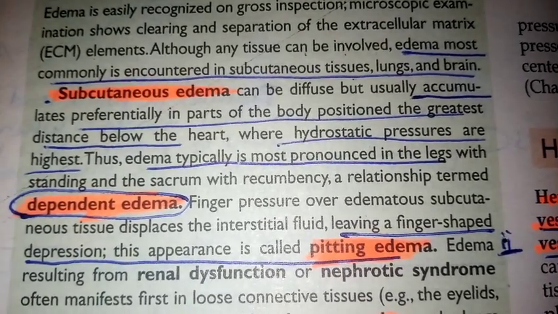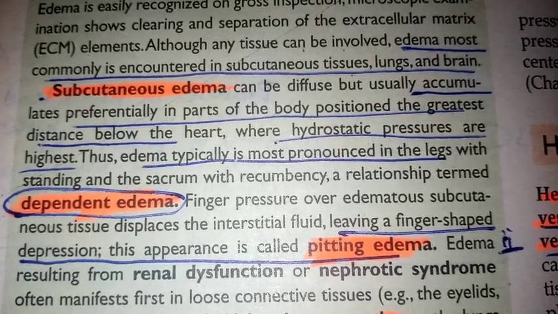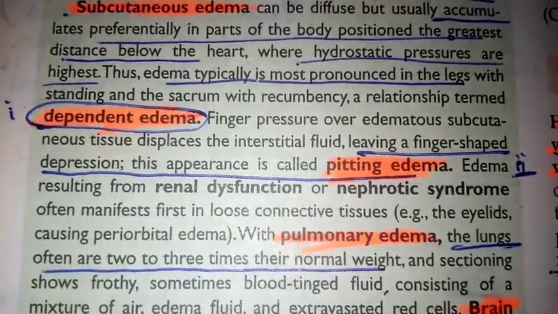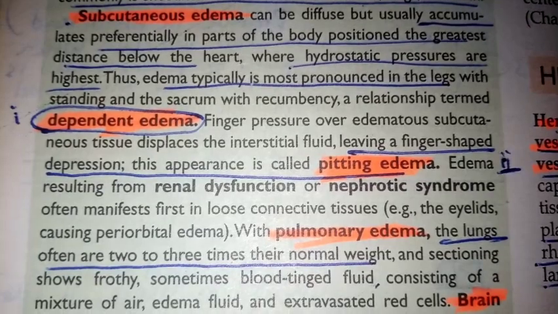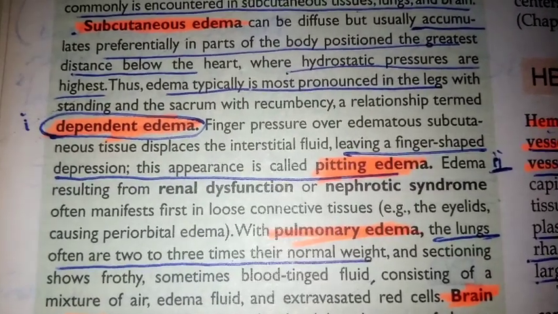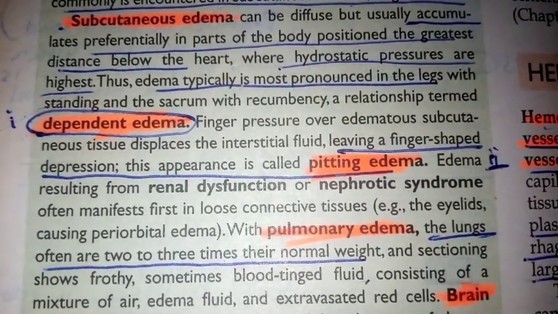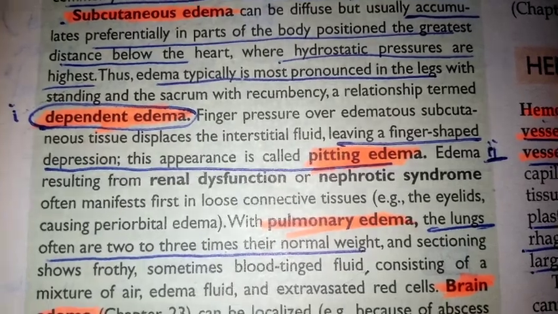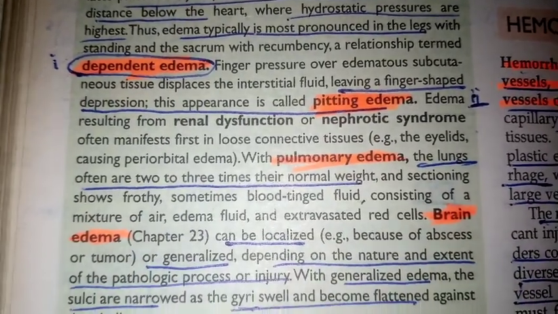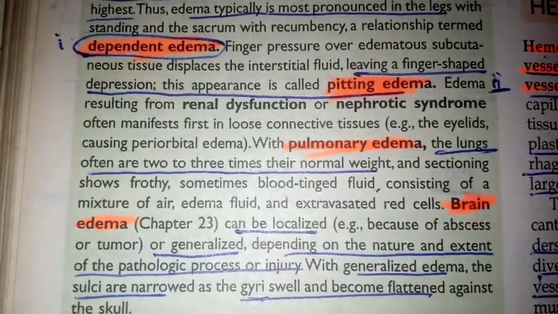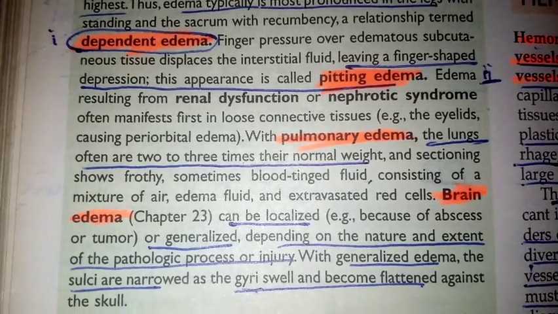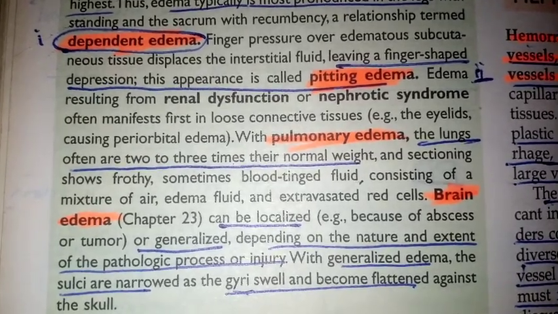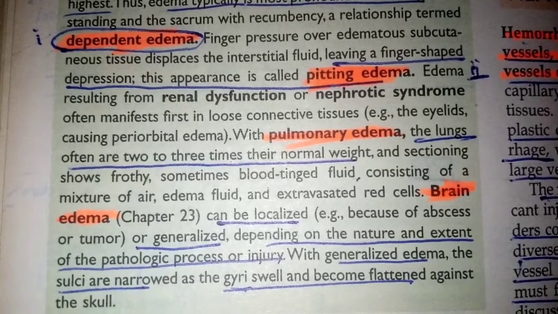And in dependent edema, we will see another thing, which is pitting edema. After that, pulmonary edema. In the case of pulmonary edema, the lungs will increase 2 to 3 times in weight. After that, we talked about brain edema, which can be localized or generalized depending upon the nature and extent of the pathological process.